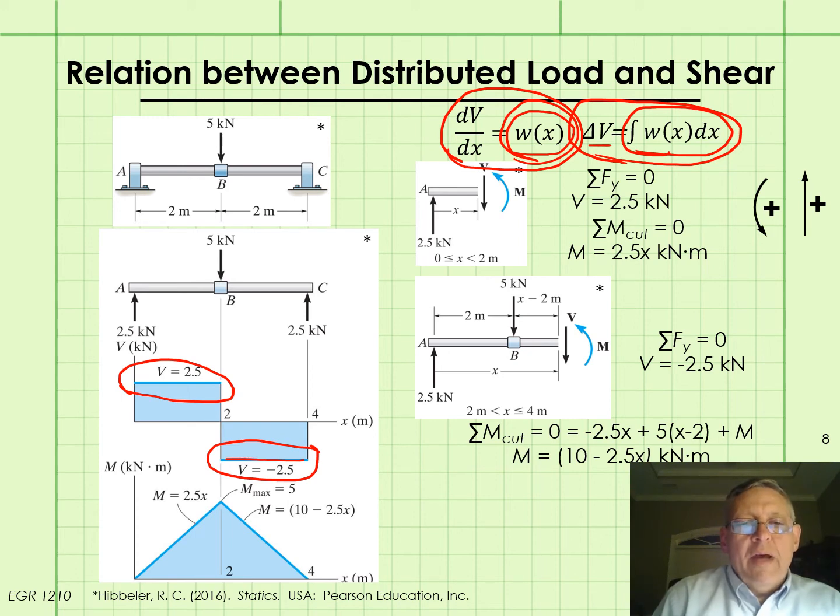And we go back and look at our shear curve. And again, for a horizontal line, there's no change in shear between any two values of x. So this one checks also. Delta V between any two values of x is 0, which means there's no area under the loading curve, which means there's no loading curve.